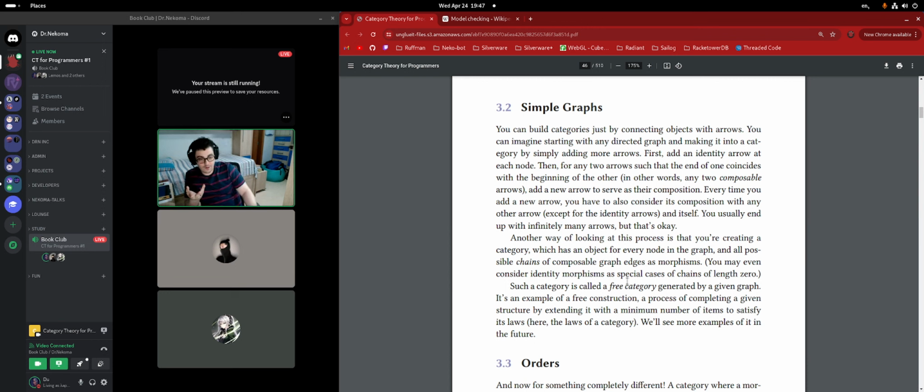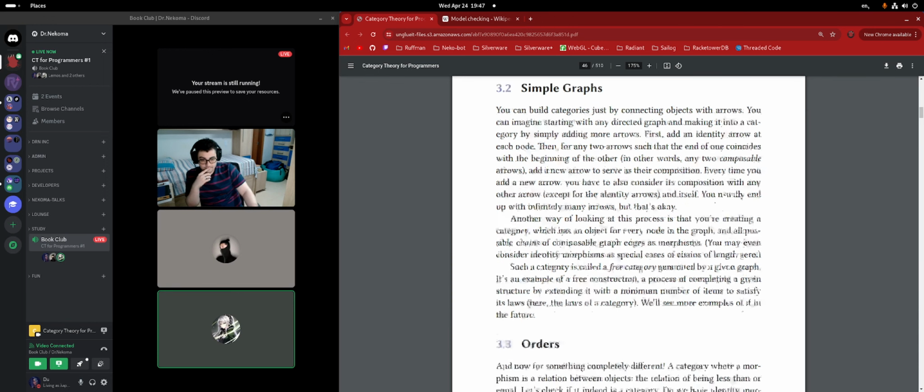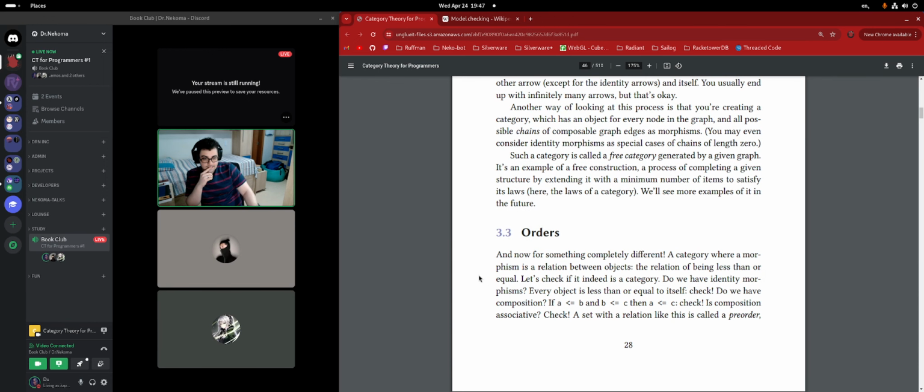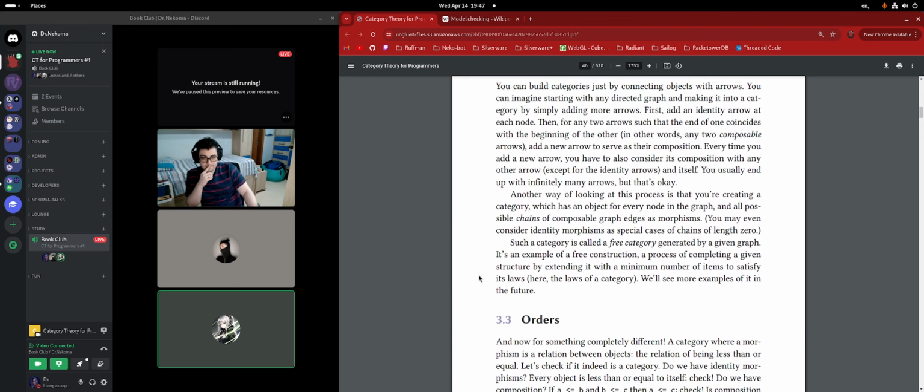And apparently, this is called a free category, because if you have a graph, you can get a category for free. You just have to fill in the arrows and you're done.